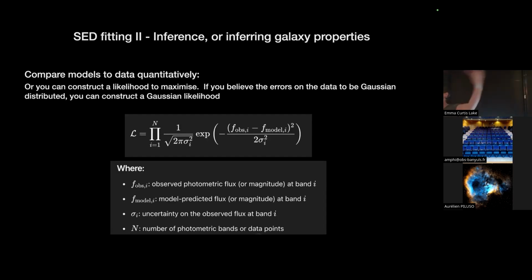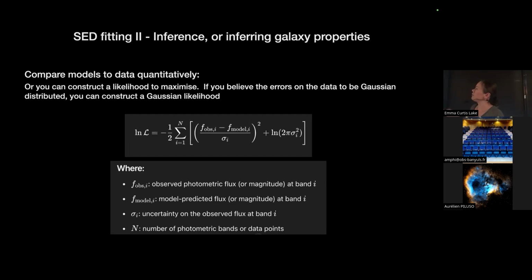And if you think your data points are independent, then you can just do a product between the two. And if you think they're correlated, you have to take account of that correlation. But often, at the simplest level, we're assuming they're independent data points. And this is what a Gaussian likelihood looks like. Again, here's the observation, the model, and the uncertainties. If you take the log of this, it doesn't look so different from your chi-squared.